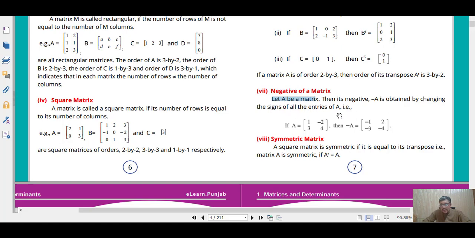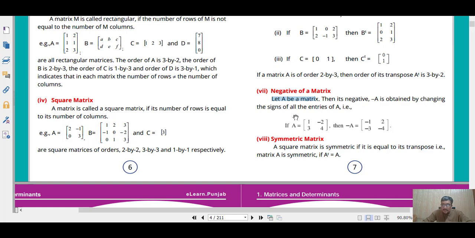This was positive 1, we make it minus 1. This is minus 2, we make it plus 2. 3 is positive, we make it negative 3. Similarly, this is plus 4, we make it minus 4. We have changed the signs of the entries, and it becomes the negative matrix.